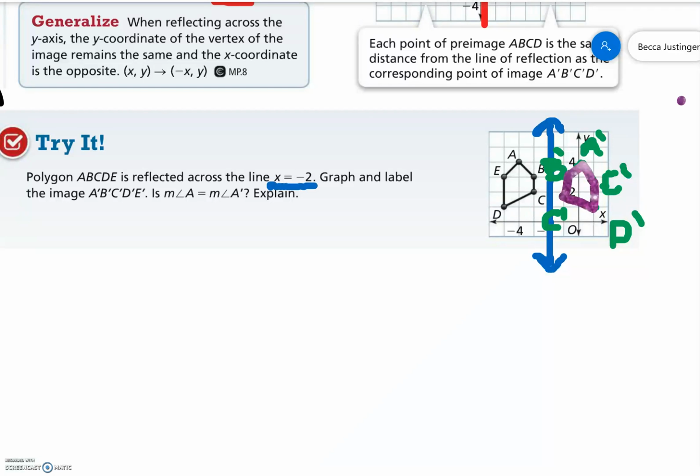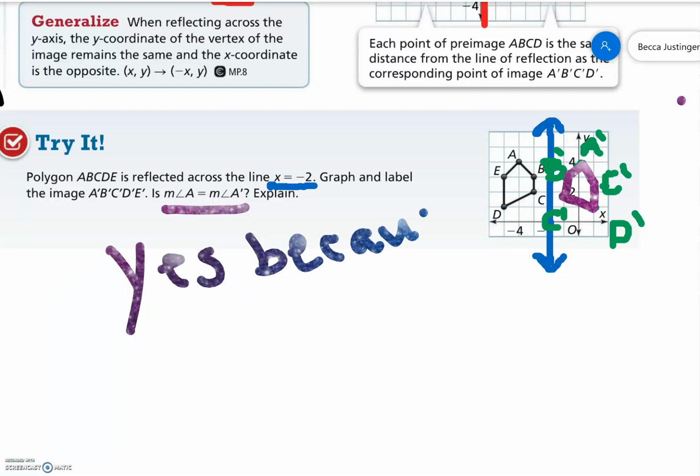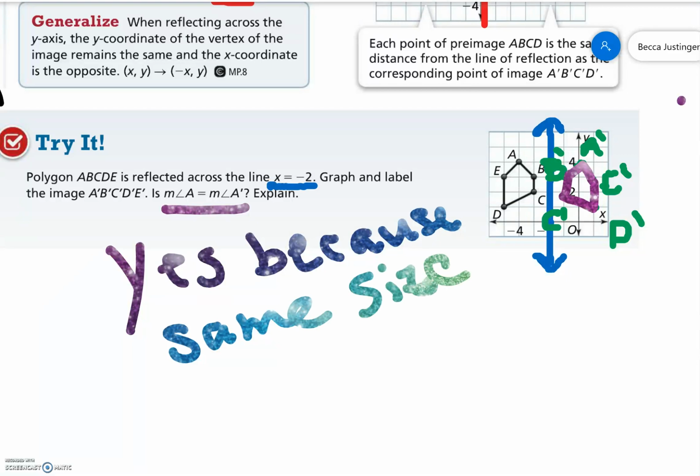And it's the same image, just flipped over. So is the measure of angle A equal to the measure of angle A prime? Yes, because it's the same size and shape. Just faces a different way, different orientation.